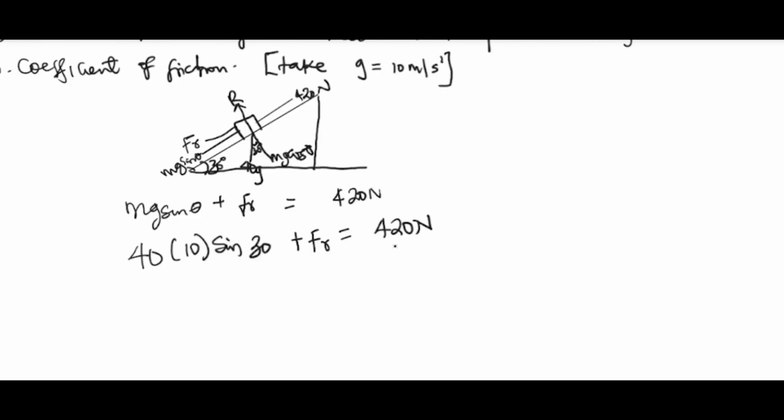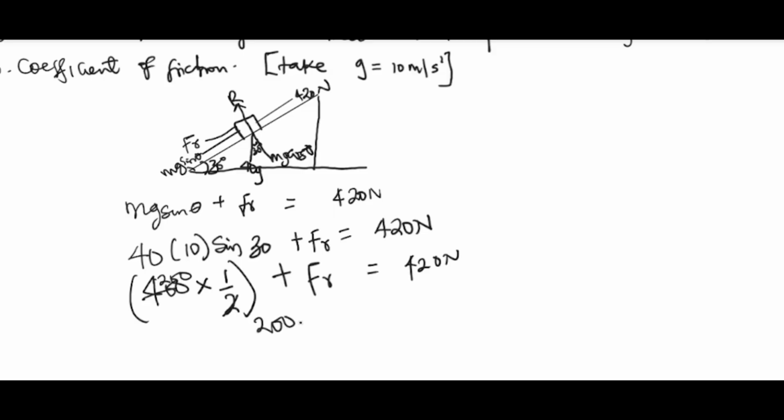So we have 400 sine theta, which is half times half, put in a bracket, plus the force of friction will give us 420 Newton. So this here will give us 200 Newton, because mg is already 200 Newton, right? Good. Plus frictional force is equal to 420 Newton.